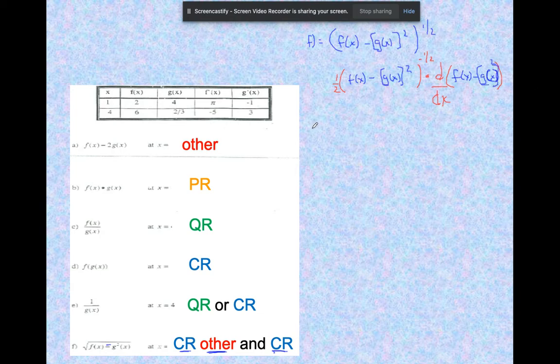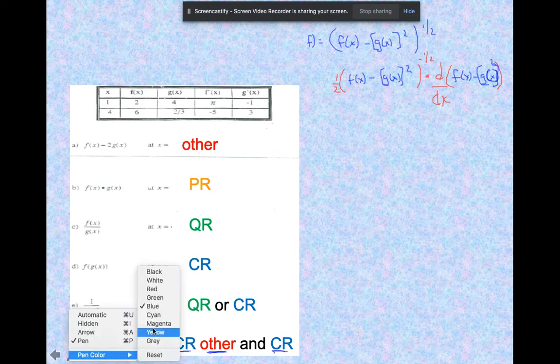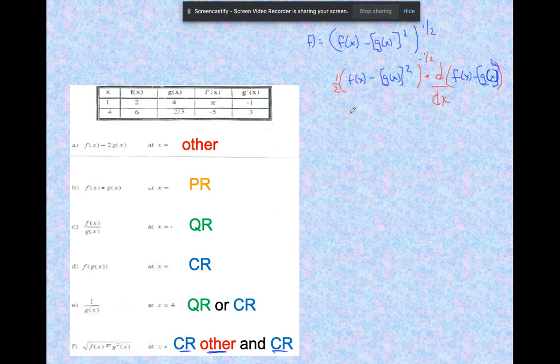So what is this piece? The first piece is just 1 over 2 times the square root of what? F of, what number are they asking me for? 4.